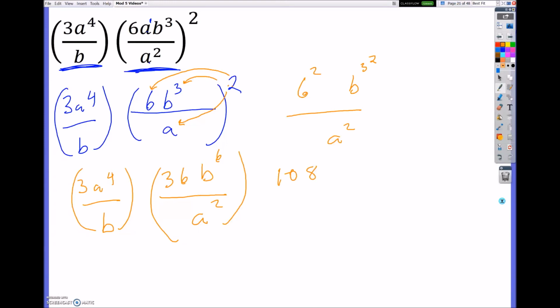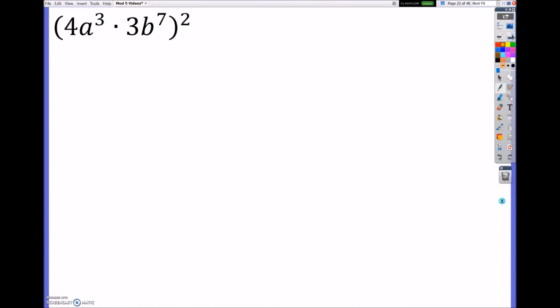And a to the fourth, I can't multiply that with anything, and b to the sixth, all over a to the second b. So now I'm just going to go ahead and reduce these to get 108 a to the second b to the fifth. I got that by subtracting those values.